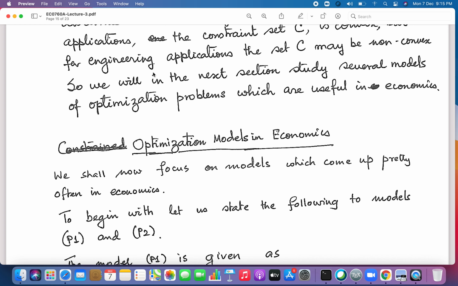Instead, we will consider those models which involve inequalities as constraints, where the constraint set is defined by inequalities. We will look into that issue.